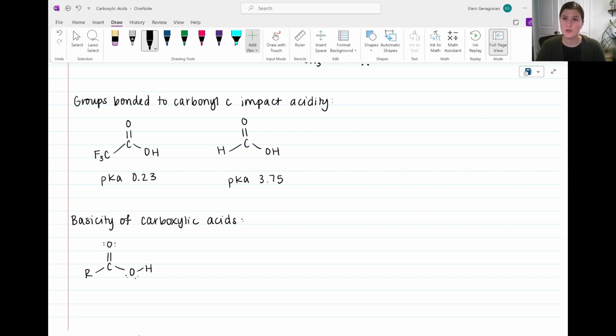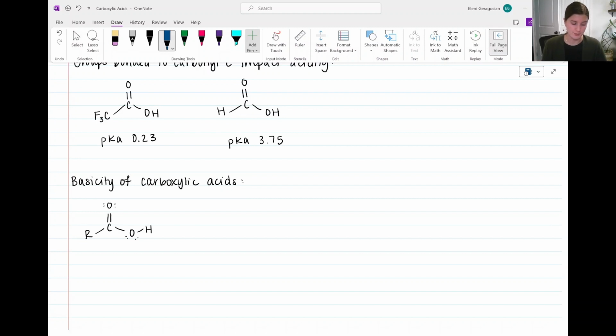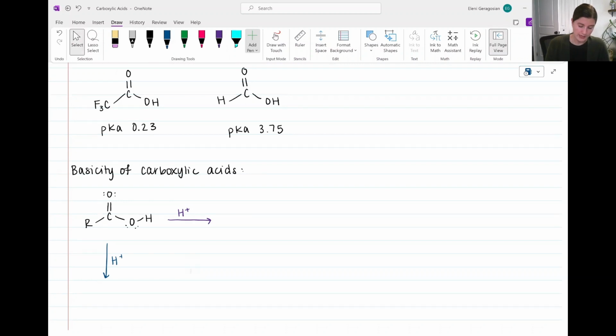So potentially 2 locations that are basic. But one oxygen is more basic than the other, and to determine which oxygen is more basic or where the more basic site is on the molecule, we need to draw conjugate acids. So we'll draw one conjugate acid where we protonate the carbonyl oxygen and another conjugate acid where we protonate the OH oxygen.